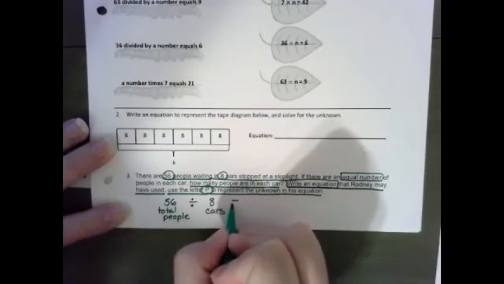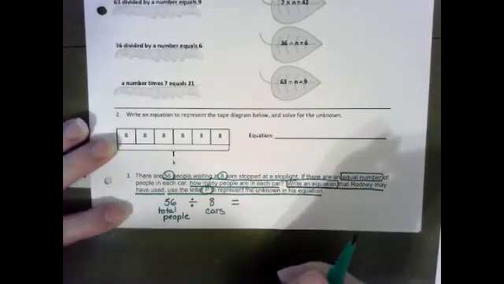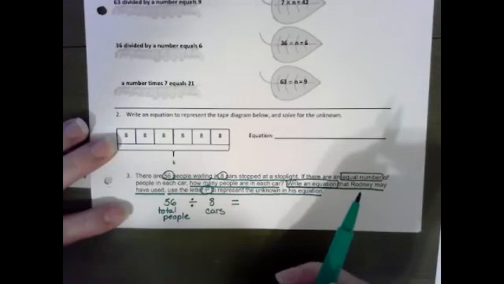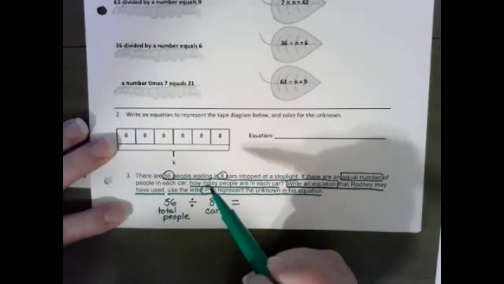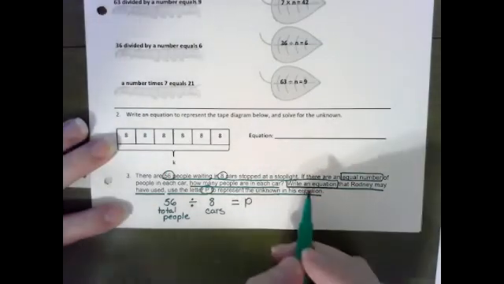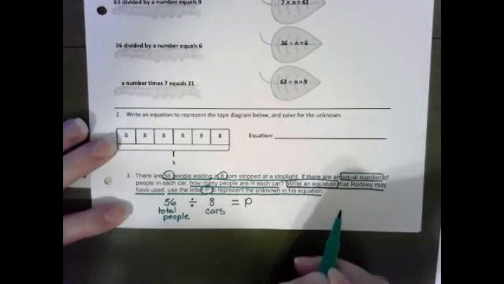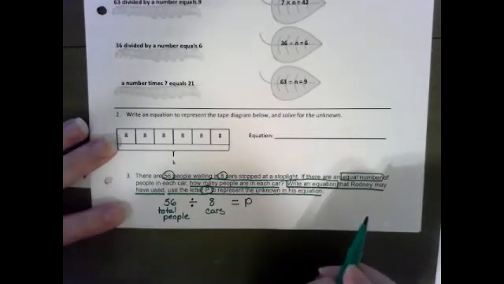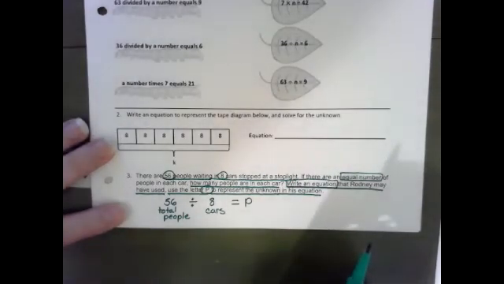The problem tells us that there is an equal number of people in each car. And to represent people, we're going to use the variable, what was it again? That's right, P. Our task was to write an equation. It was not to solve. So as long as we've set this up, we're done. Did you get it?